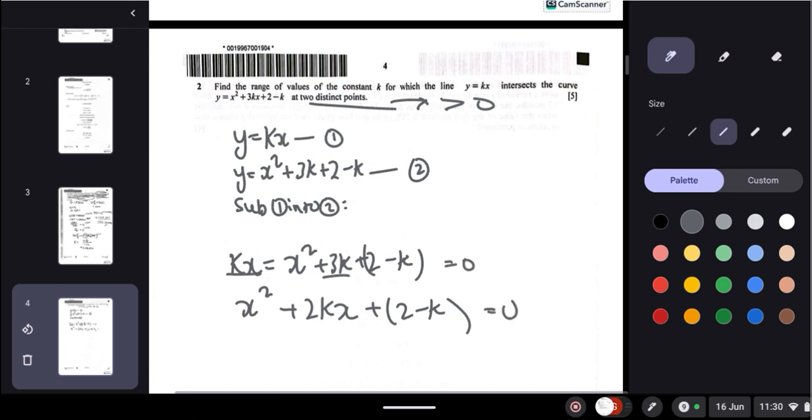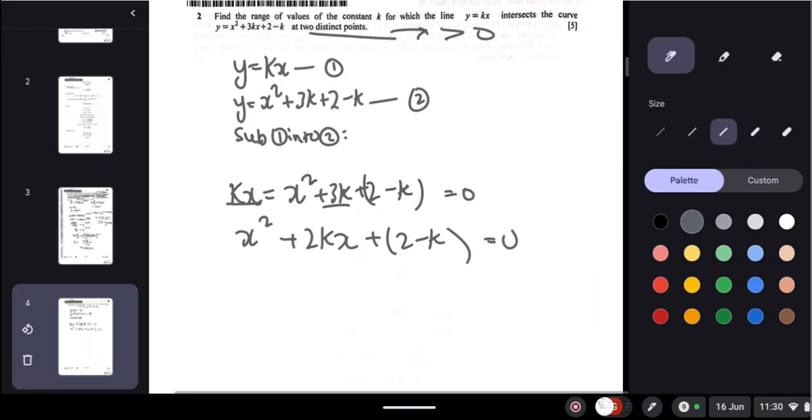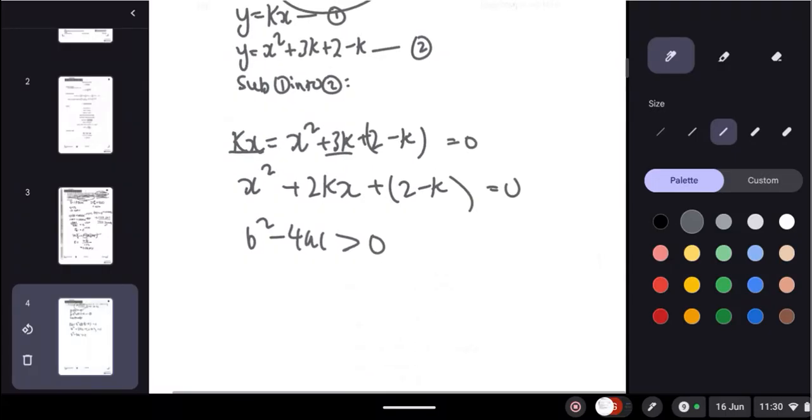Remember they equal to 0 at first, because we're doing simultaneous. Now we have to see b squared minus 4ac is more than 0 because two distinct points. So you sub in b. This is the b, this is the a, and this is the c.